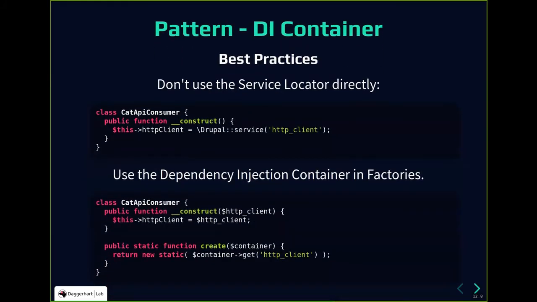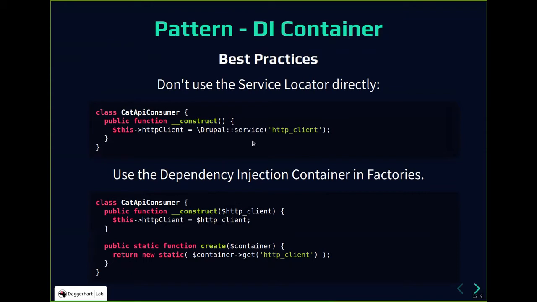So the best practice is that we don't use the service locator directly in our custom classes. We don't do this because we are coupling our classes to the wrong thing. We are creating a dependency connection between our custom class and the service locator, which is actually not something we care about.